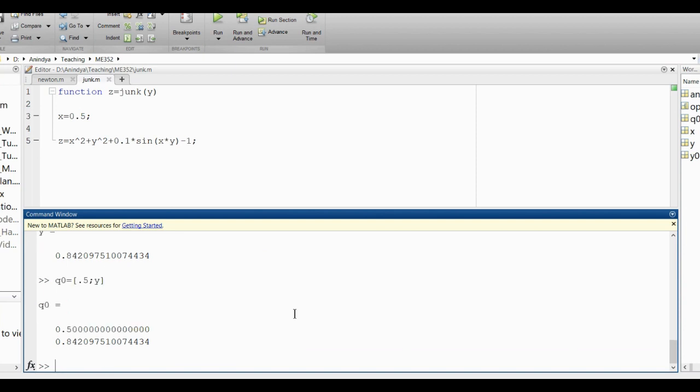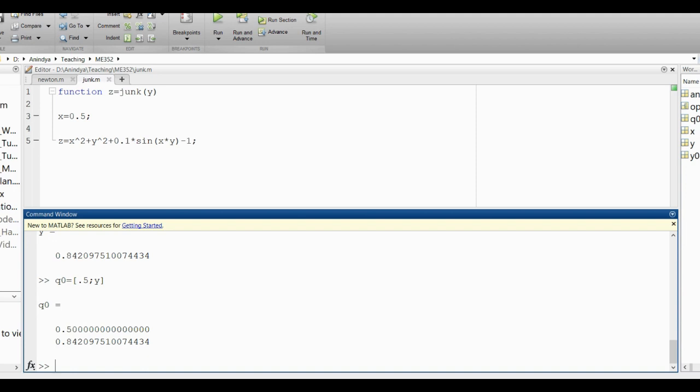All right, very good. This is Q0. V we have to find out. Let us see how that goes.